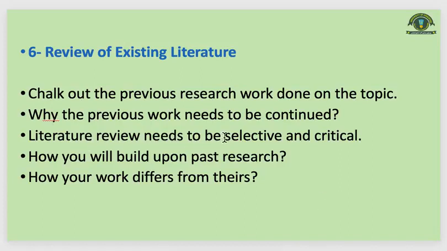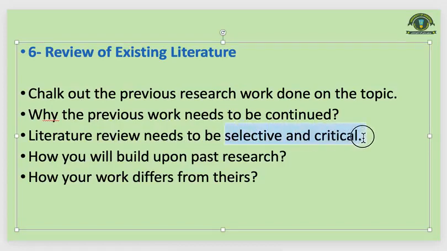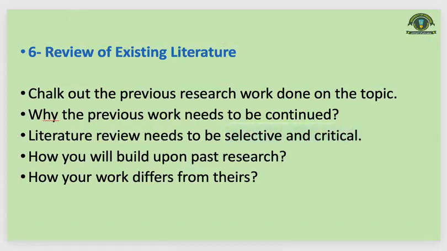So it needs to be selective and critical. Providing an overview of old researches does not mean that you include everything randomly that has ever been written on that topic. No, you need to be very careful and selective and see what it is that closely aligns with your topic of interest, with your topic of research.